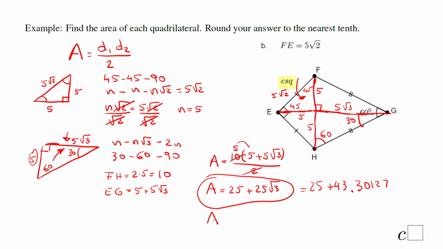We are not going to need all of them, but I suggest you do that. So now we're going to add the first 25, and we end up with this value, 68.301. You see, I copy the first 3 digits. Oh, we need to round it to the nearest tenth, so we just need to look at this guy. So the answer will be 68.3.